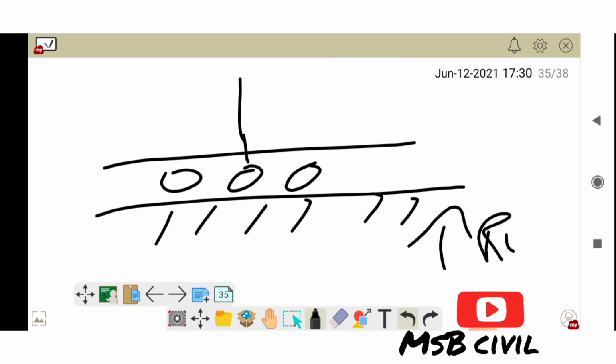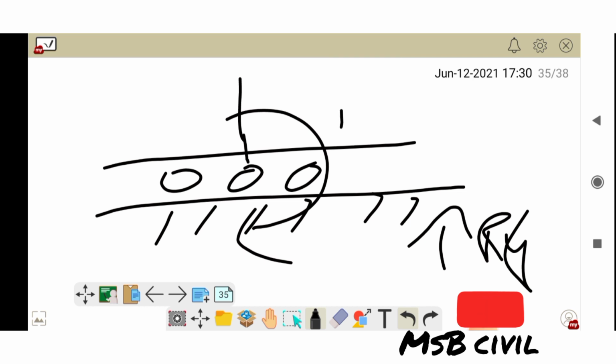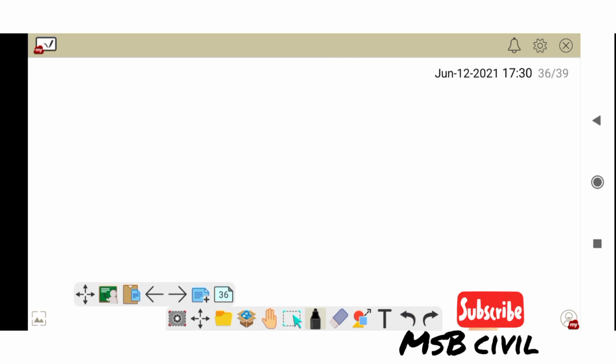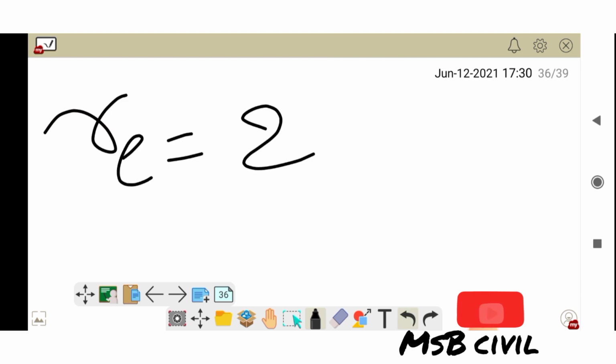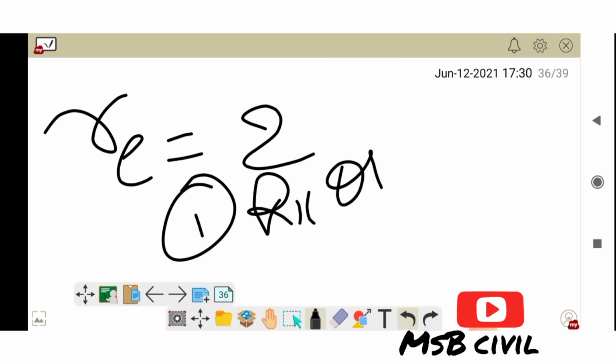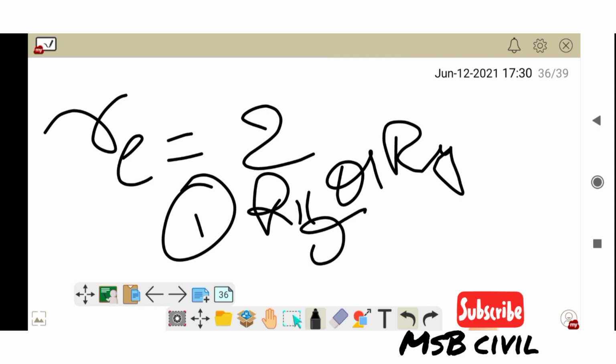Here Ry will act and here the moment Mz will act. Therefore there are two reactions: Rx or Ry, by the two figures, or a moment.